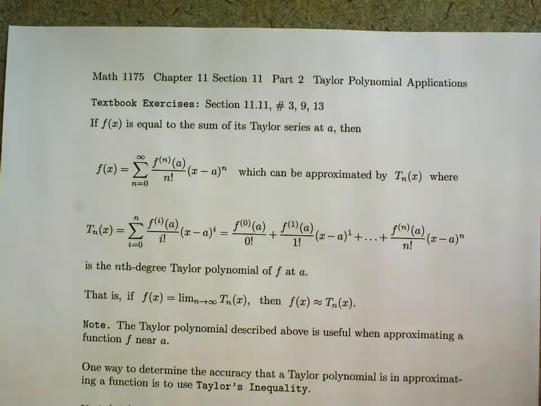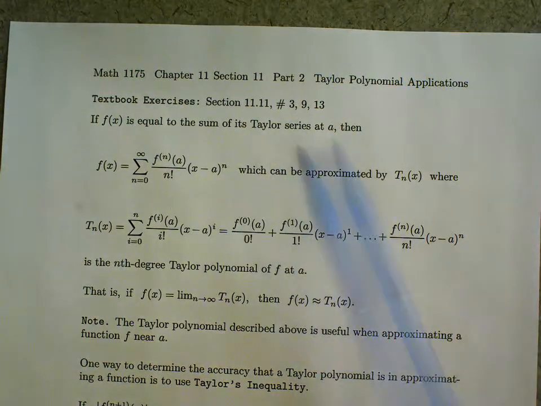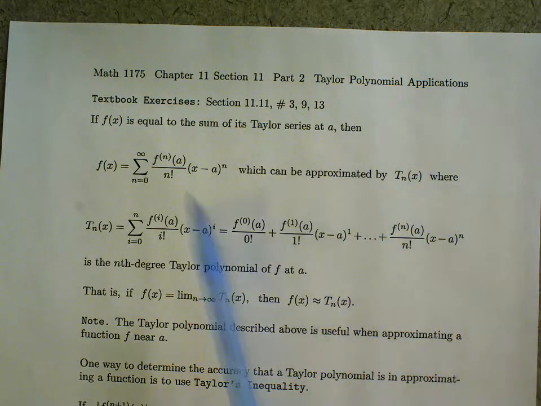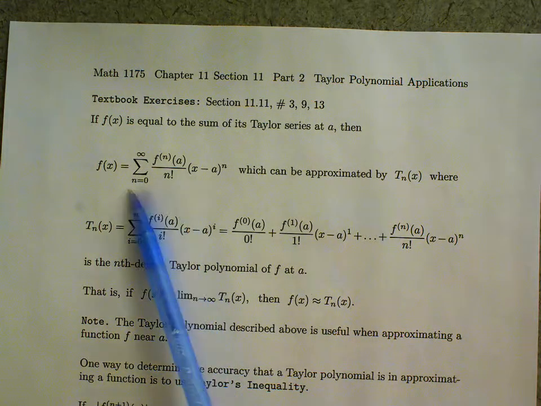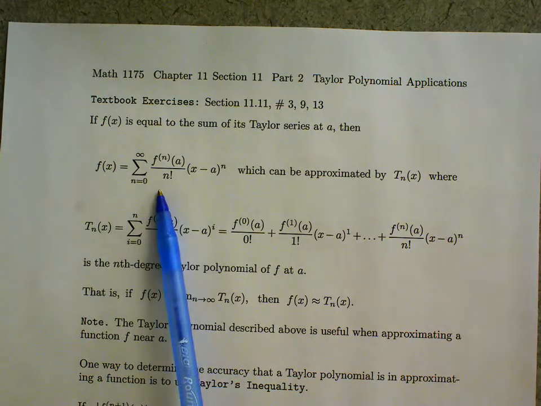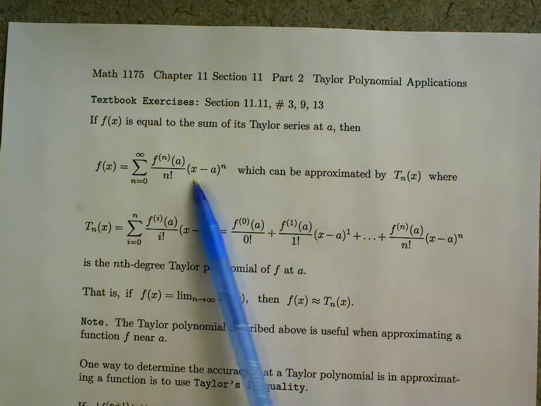So we'll just quickly review what we already know. If f of x is equal to the sum of its Taylor series at a, then f of x is equal to this infinite sum. The coefficients are the nth derivative of f evaluated at a divided by n factorial, and the binomials have the form x minus a to the n.